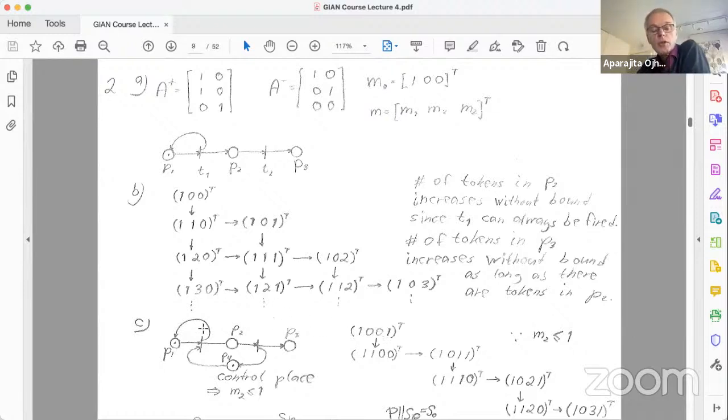Okay, so this was typical behavior and analysis, especially including these bounded places. It's a technique that is quite common.